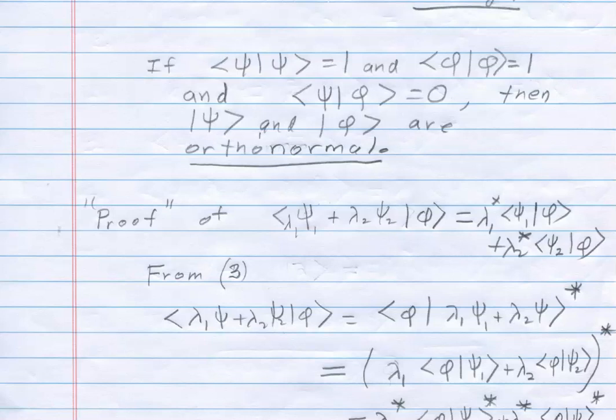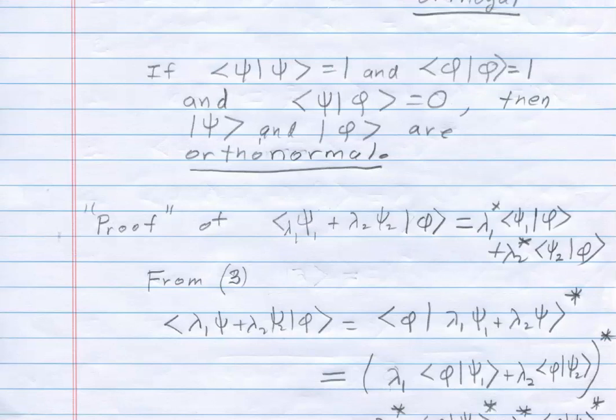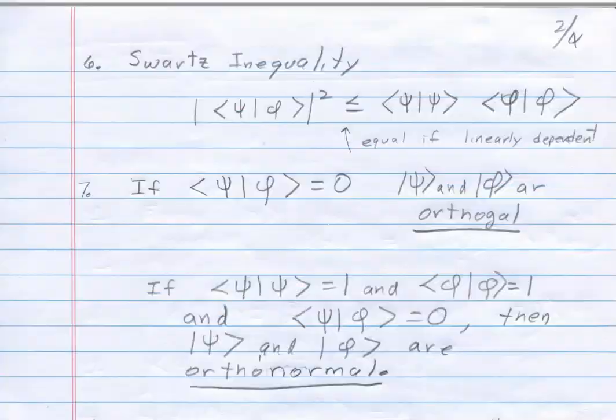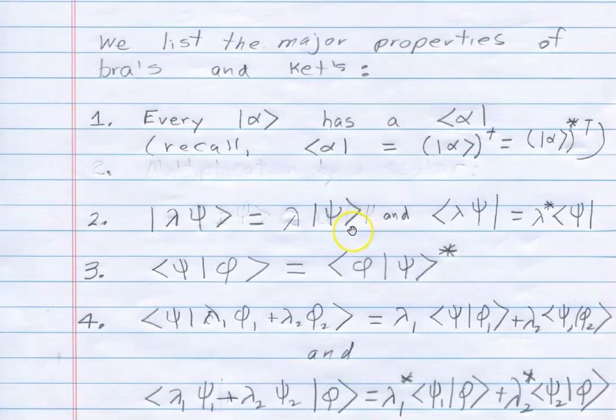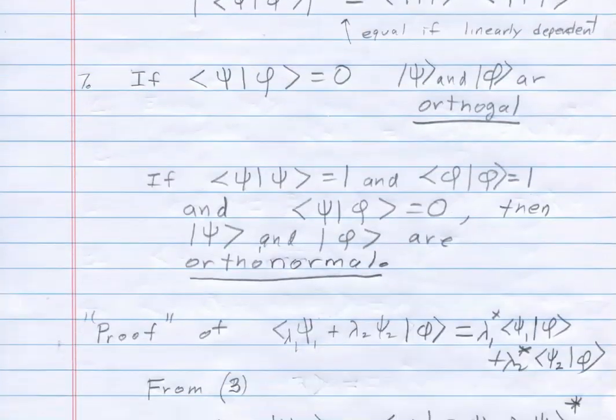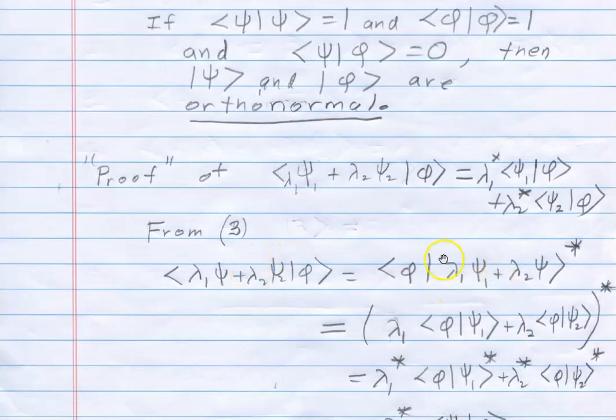What I can do first of all is simply do the following: this is a complex number in general. I can interchange the order of these, but it's the complex conjugate, and you're really using property number 3 here. Interchange the order, they're equal when I take the complex conjugate. So all I've done here is use property 3.